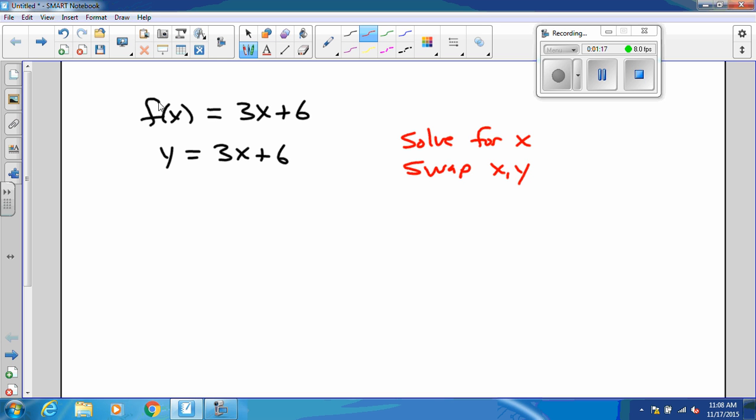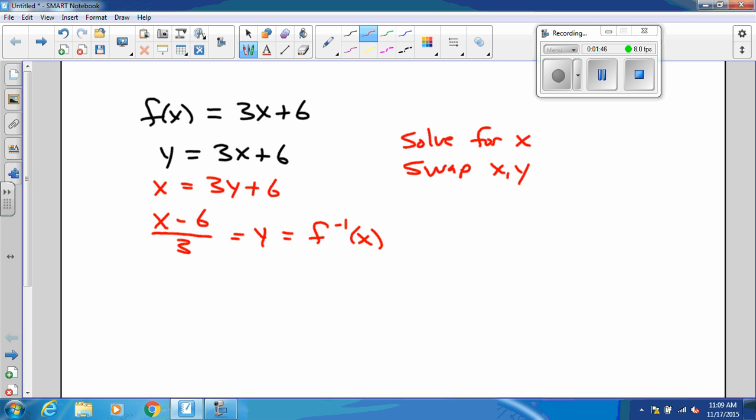You can swap x and y first, and then you will have an implicit function that is your inverse. So if I swap x and y first, now I've got my inverse, but it's implicitly defined. So if I want it to be explicitly defined, I'm going to need to solve by subtracting 6 from both sides and dividing both sides by 3, and there is my f inverse of x.